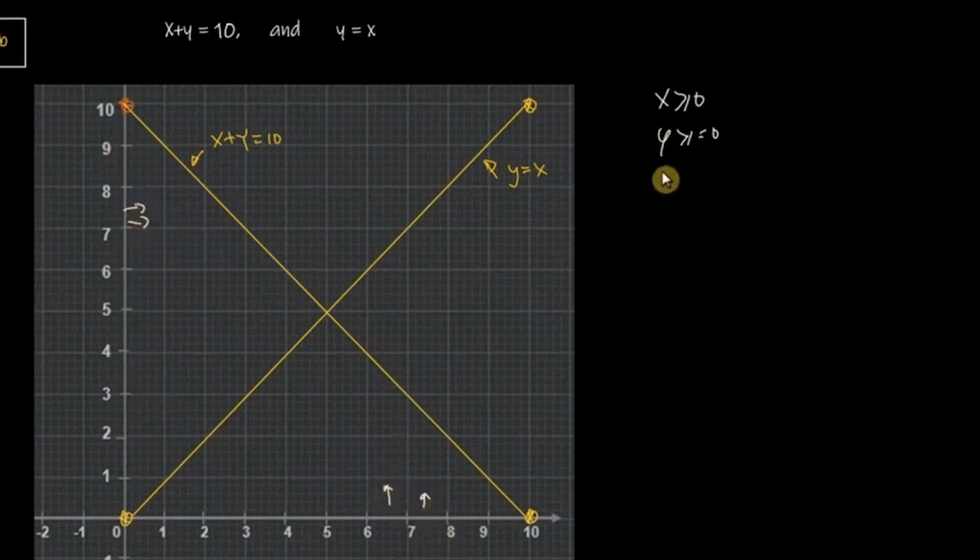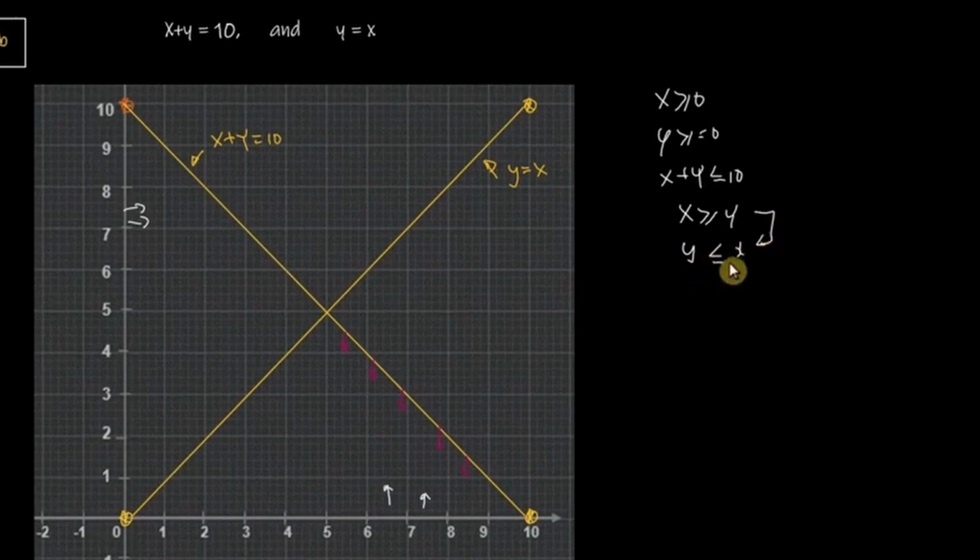Our next inequality is x plus y is less than or equal to 10. So if this line is x plus y is equal to 10, less than or equal to 10 is represented by all solutions that fall below this line. Similarly, x is greater than or equal to y, and we could rewrite that as y is less than or equal to x. Same inequality written two different ways.